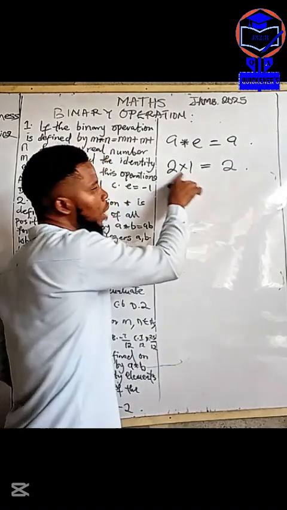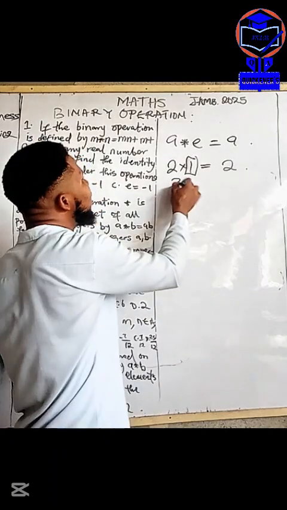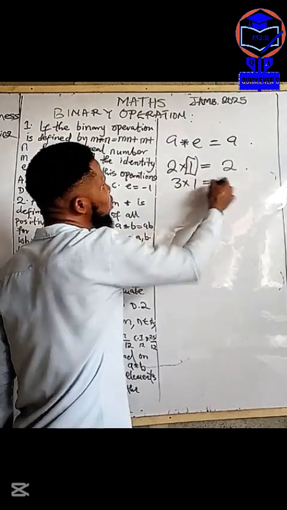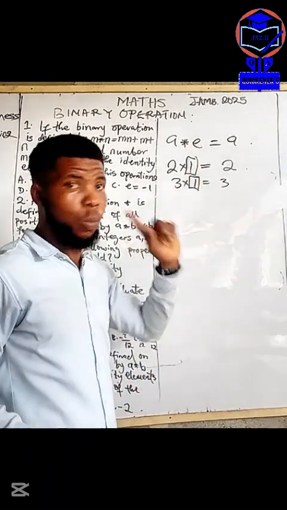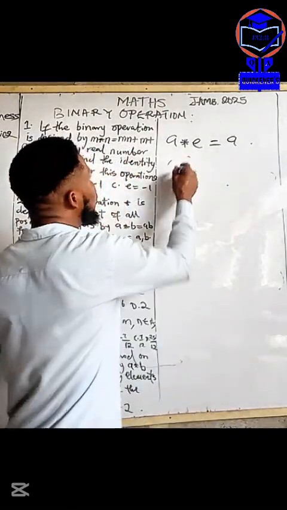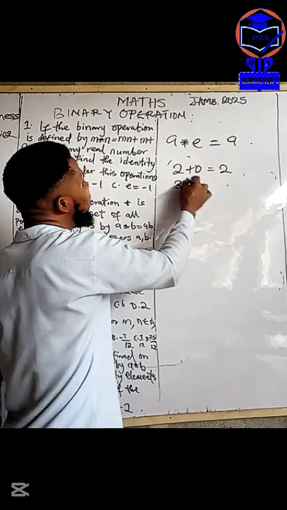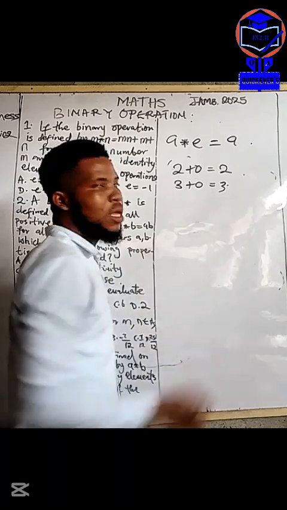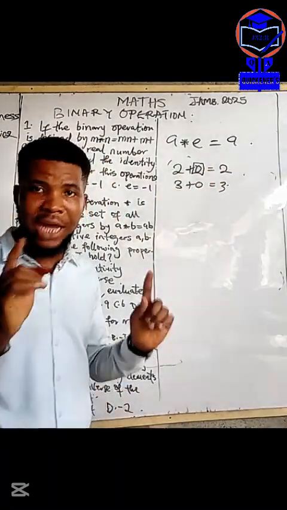So for this operation multiplication, the identity element is 1. 3 times 1 will still give you 3. So the identity element for multiplication is 1. Now for addition, the identity element is 0. 2 plus 0 will give you 2. And 3 plus 0 will give you 3. The identity element for addition is 0.